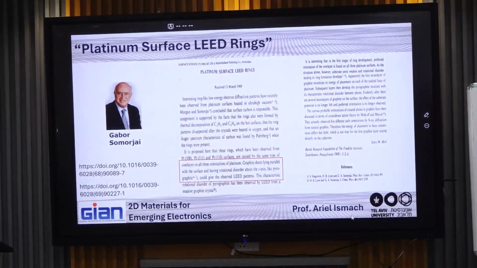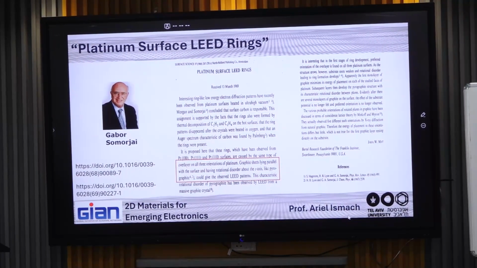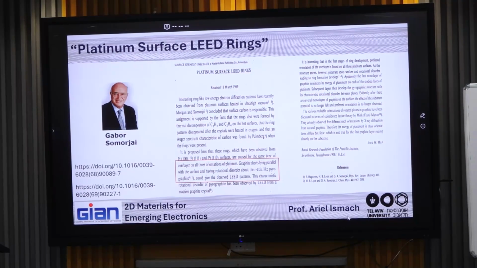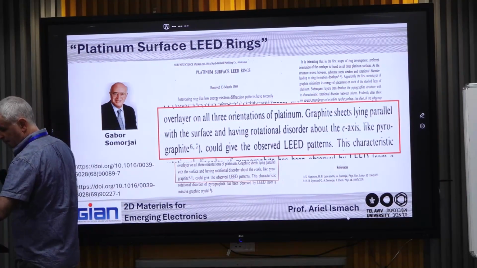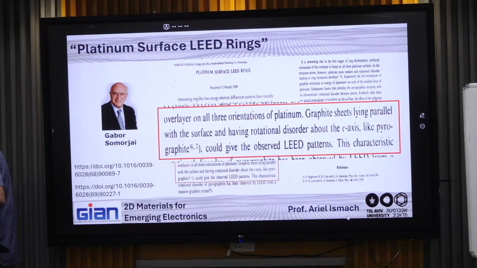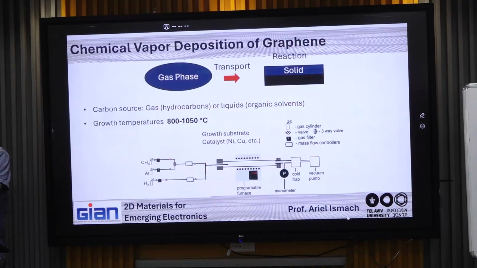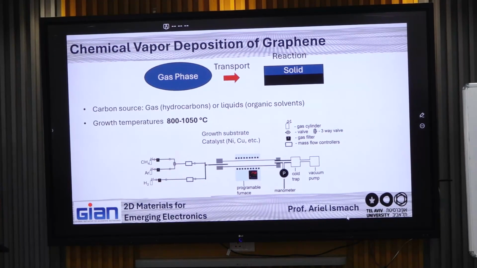But later it was proved that these are few layers of graphite, they didn't call it graphene then, few layers of graphite on the metal. And basically, very similar methodologies we use today, and we call them CVD, chemical vapor deposition of graphene.